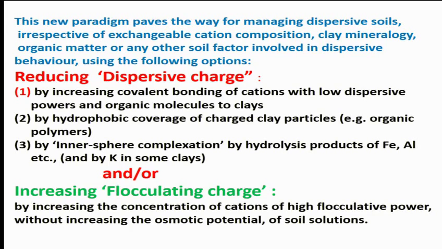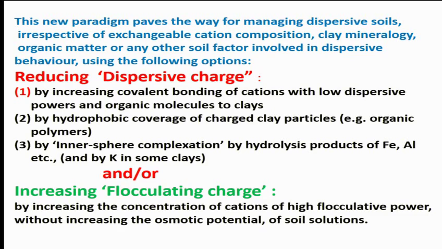This can be done by increasing the covalent bonding of cations, usually the low dispersive power cations like calcium and magnesium, which is more bound to the clays by covalent bonding, or any other new innovative amendments you can think of, which will reduce the dispersive charge, or by hydrophobic coverage of the charged clay particles, or by inner sphere complexation by hydrolysis products of iron and aluminum.